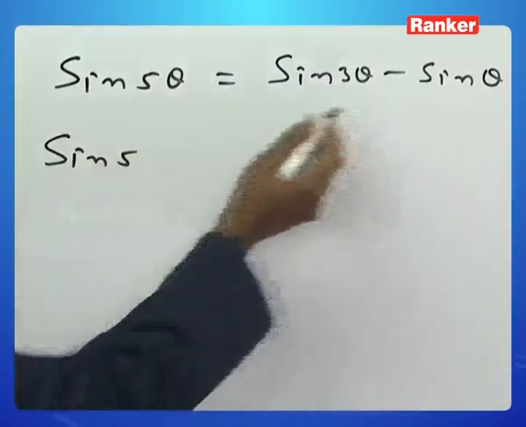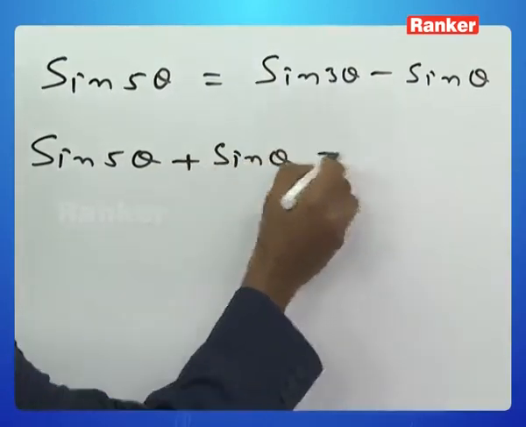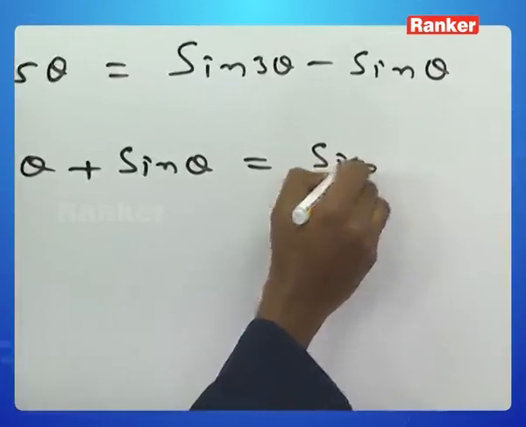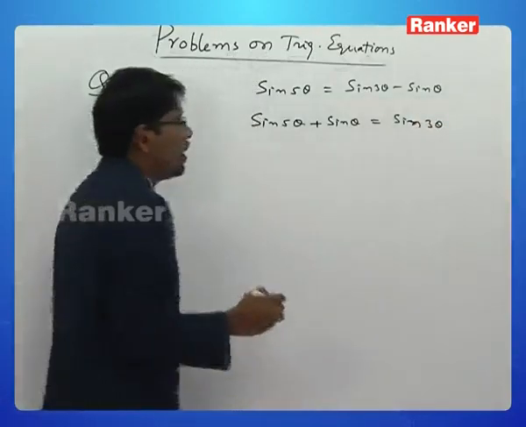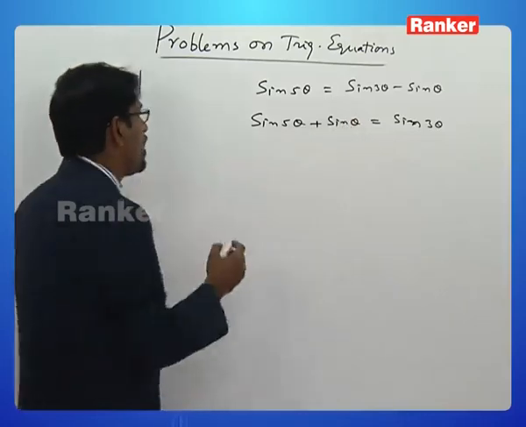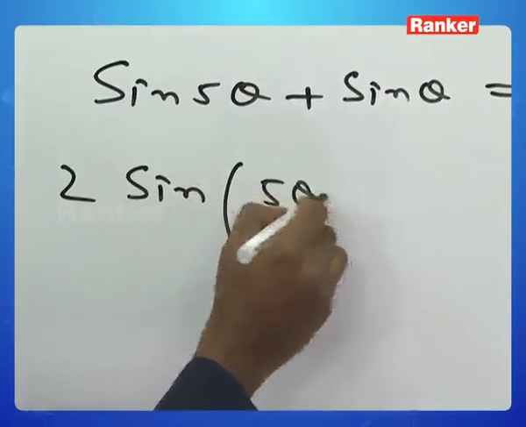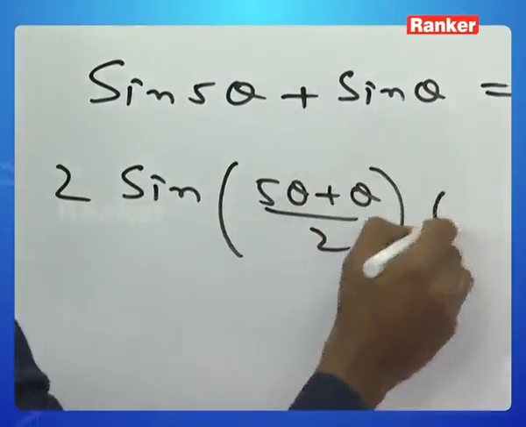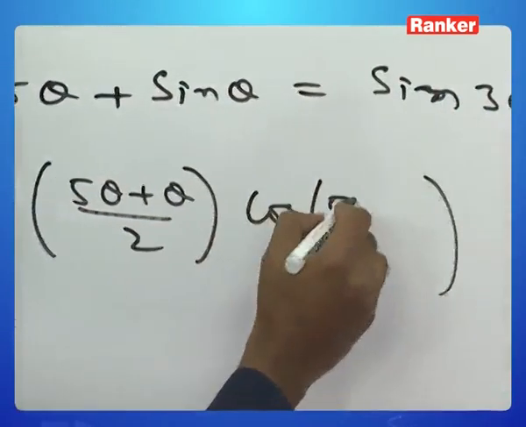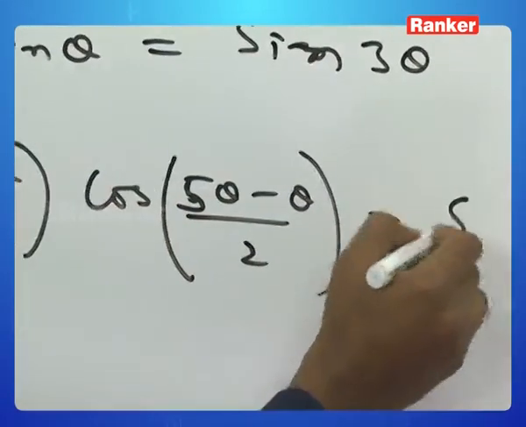Sin 5 theta, I transpose the minus sin theta to this side. Sin 5 theta plus sin theta is equal to sin 3 theta. Now it is in the form of sin A plus sin B. What is the formula for sin A plus sin B? 2 sin of (A plus B) by 2, that is 5 theta plus theta by 2, into cos of (5 theta minus theta) by 2, is equal to sin 3 theta.